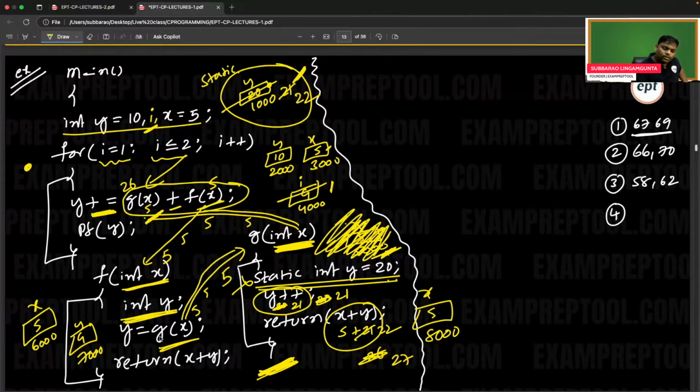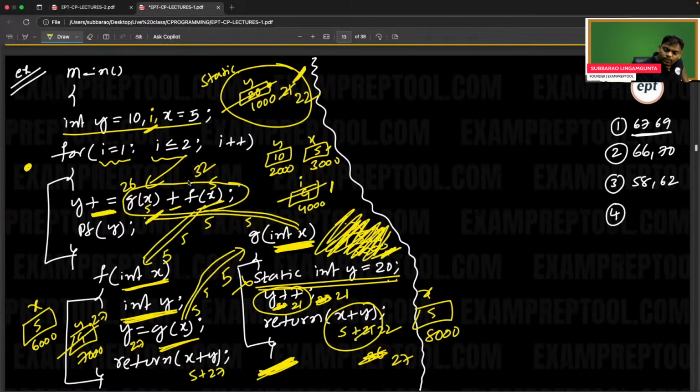So y value 27. x value 5, y value 27. Return x plus y. 5 plus 27 will be returned. 5 plus 27 is 32. 32 will go to the place from which you came. This is 32. So 26 plus 32, which is going to be, I think, 58.